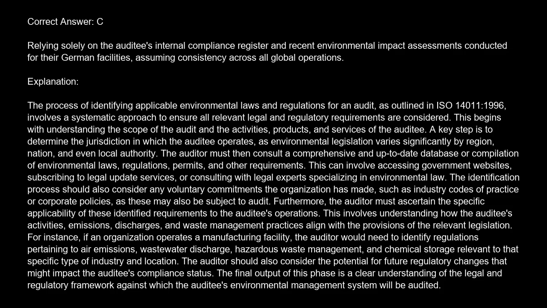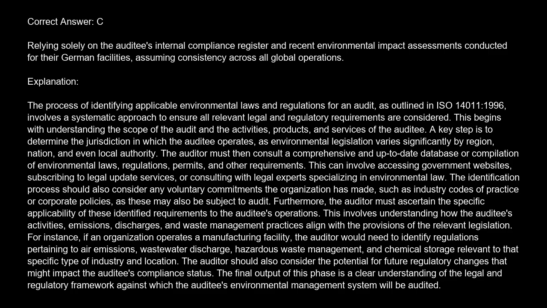Relying solely on the auditee's internal compliance register and recent environmental impact assessments conducted for their German facilities, assuming consistency across all global operations. Explanation: the process of identifying applicable environmental laws and regulations for an audit, as outlined in ISO 14011, 1996, involves a systematic approach to ensure all relevant legal and regulatory requirements are considered.